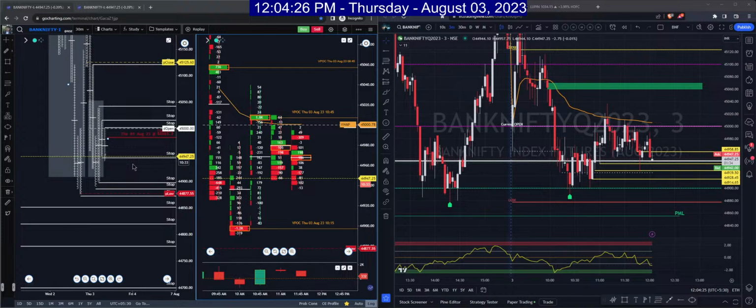Now I want to take a put trade, but my stop loss is too big, so I'm not taking the put trade.